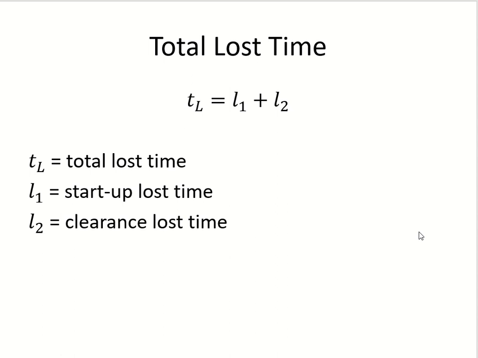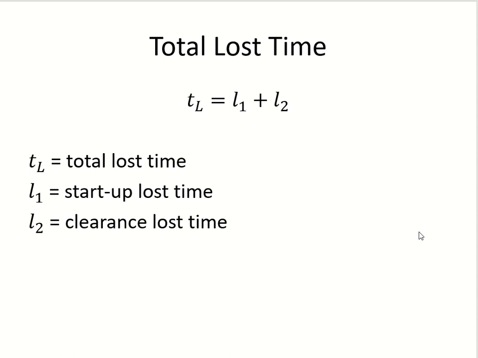Got it? What was clearance interval? All red, right? One movement stopped. The other one also stopped. So clearance loss time is the loss time between two movements, basically. The end of one movement and the start of the next one.